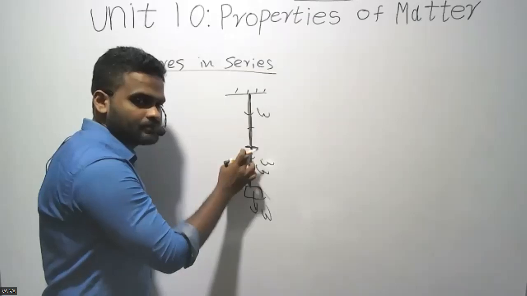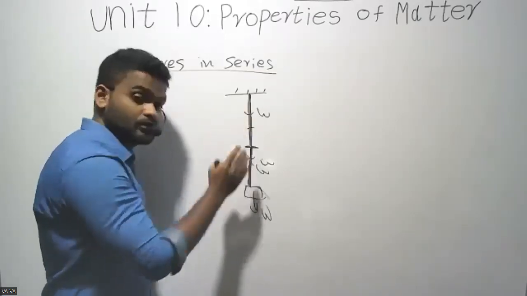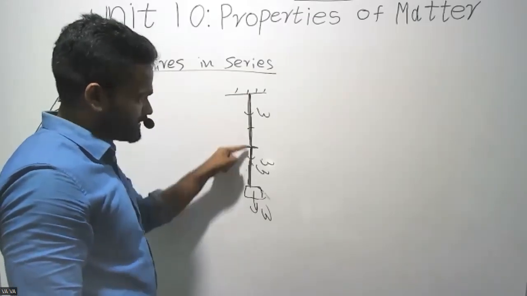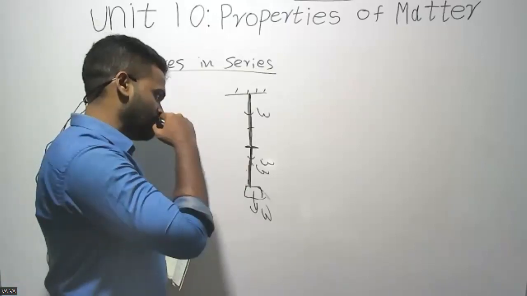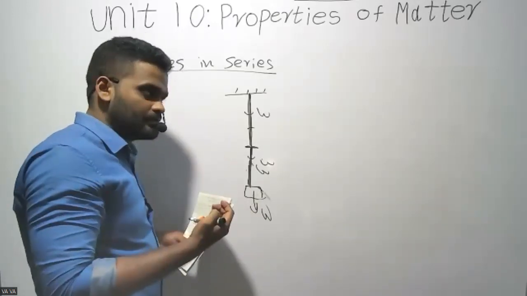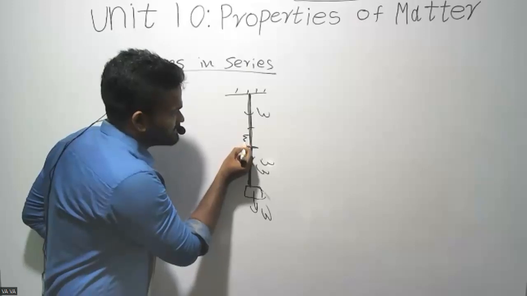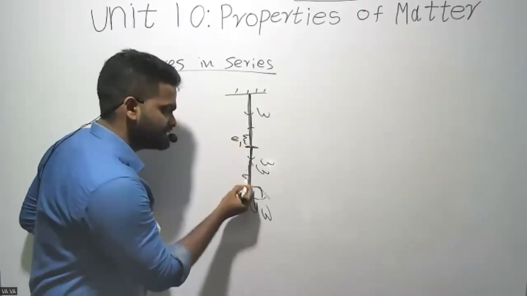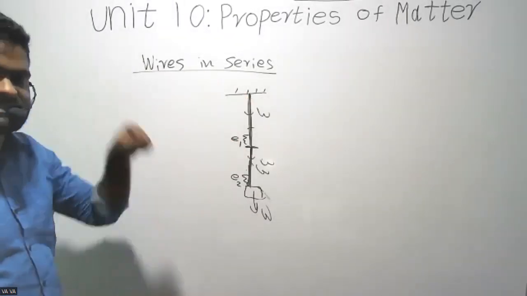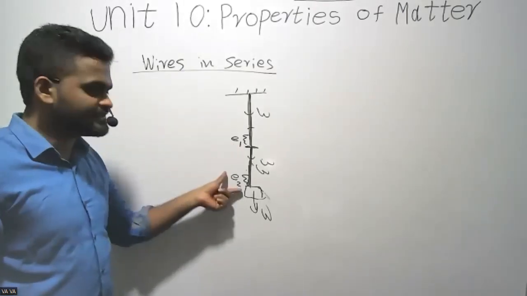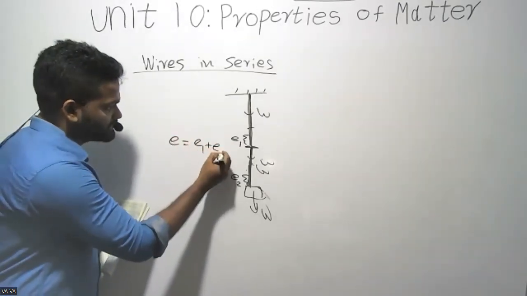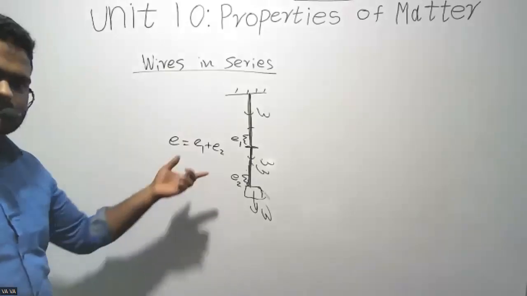These can be made of different wires and have different lengths and cross sections, but the tension is the same if the wires are connected in series. Let's say this gets an extension E1 and this gets an extension E2. For the whole wire, the extension should be E1 plus E2. That is really obvious, right?